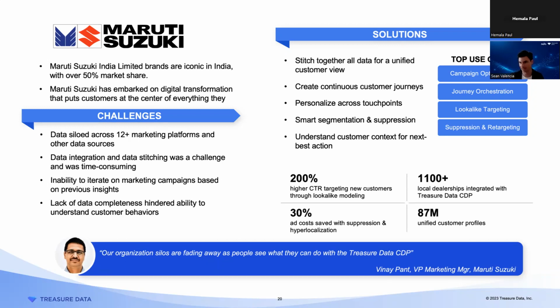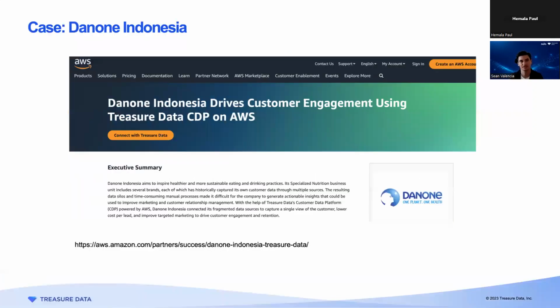They had a lot of different systems as well as a large network of dealerships, and centralized a lot of that data, over 87 million customer records. With that focus on efficiency, they drove 200% higher click-through rates and 30% cost savings.